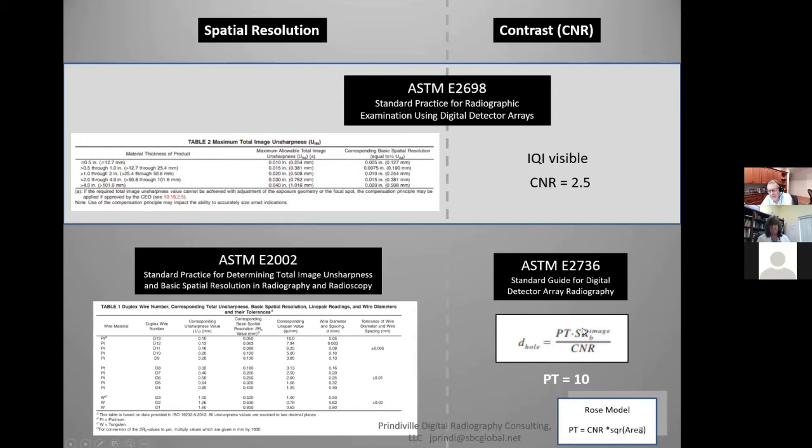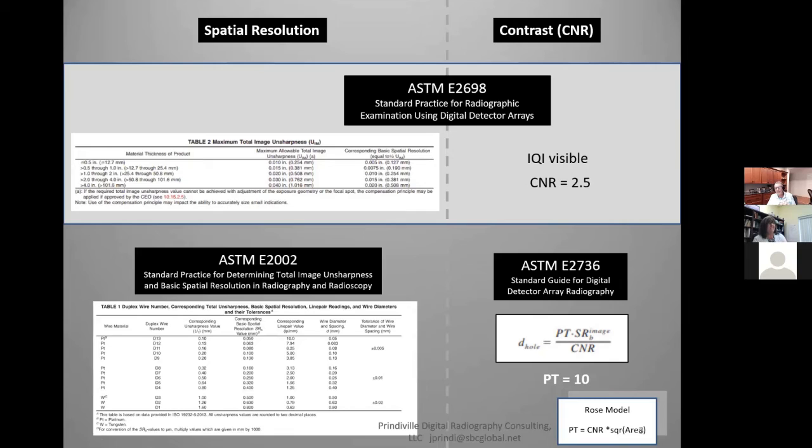So if the spatial resolution on the image is a certain value that you measured, and your contrast to noise that you measured is this, they say you're going to substitute a value for what they call PT, which is perception threshold. You substitute that value in here, and it will tell you what diameter hole you're going to be able to inspect for.